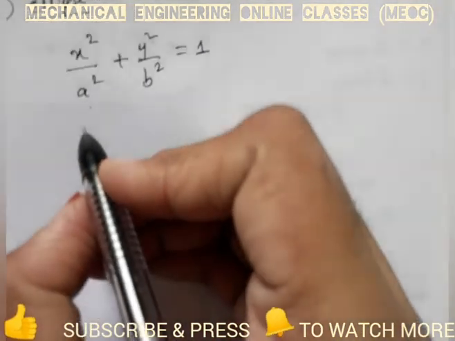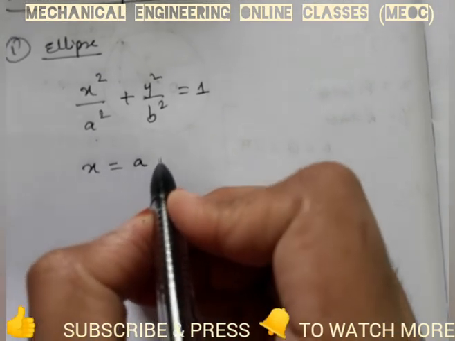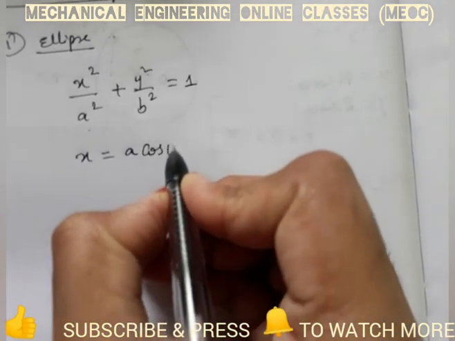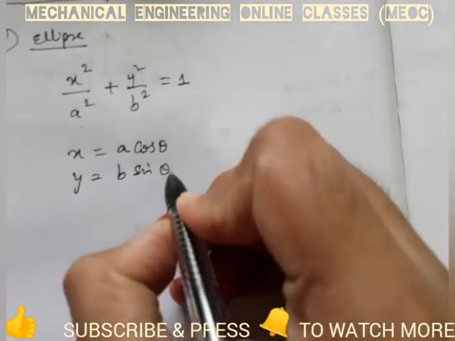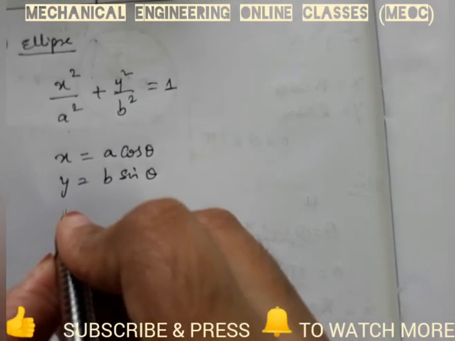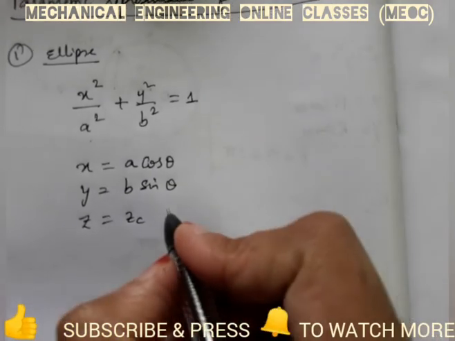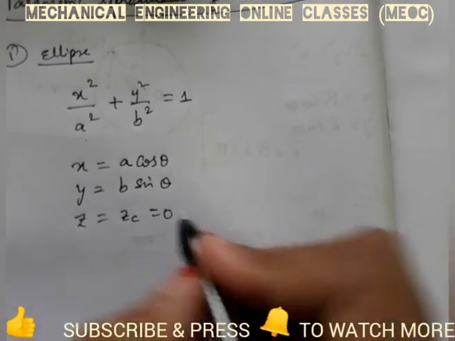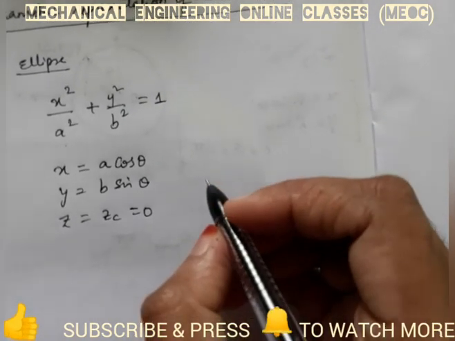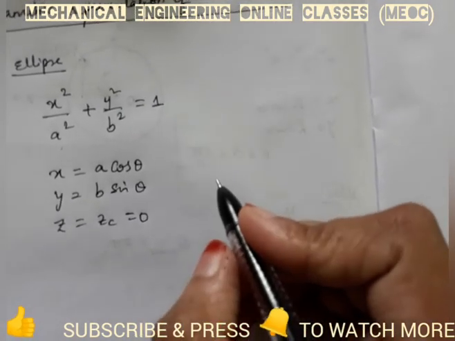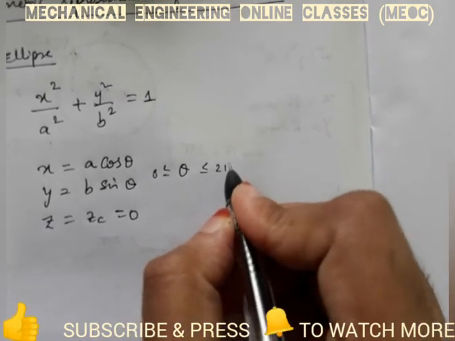So the parametric equation for ellipse will be x is equal to a cos theta, y is equal to b sin theta, and z is equal to zc. In this particular case, we are considering zc to be 0 because we did not consider xc and yc also. Xc and yc are considered to be 0, the center being origin, and theta is ranging from 0 to 2 pi.